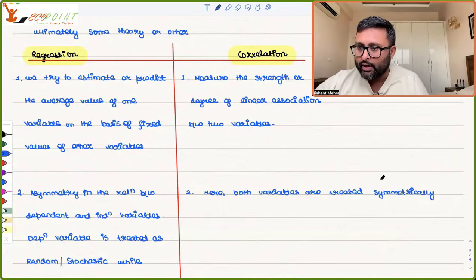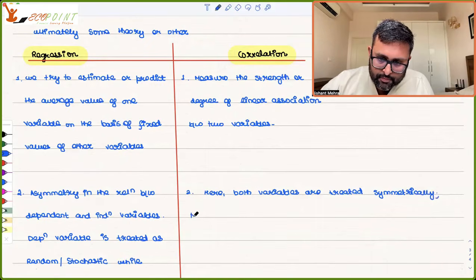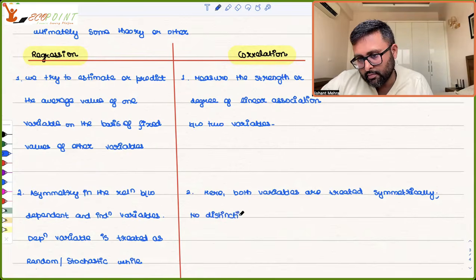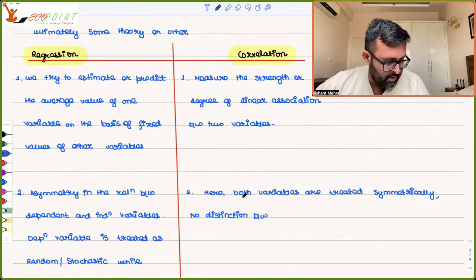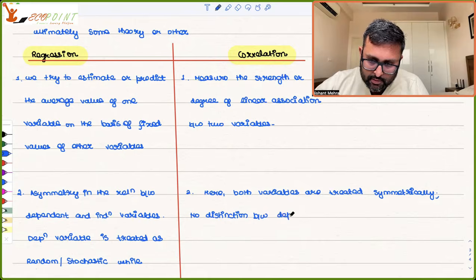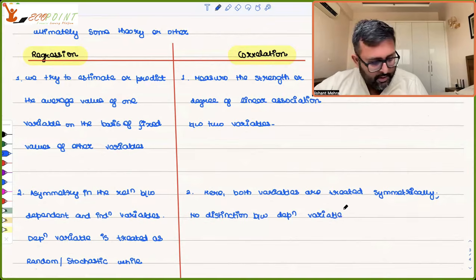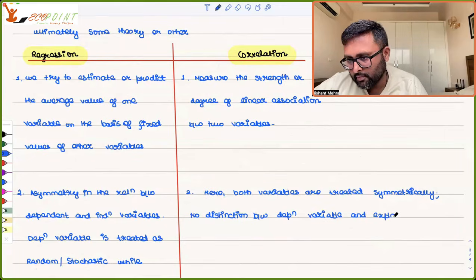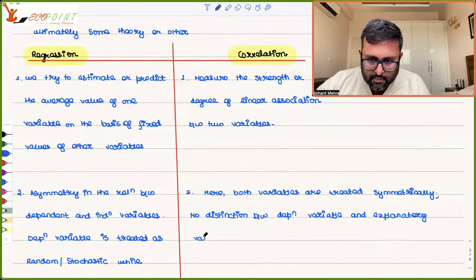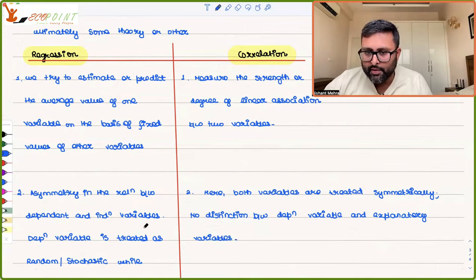So there is no distinction between the explanatory variable and the dependent variable. You with me, beta?